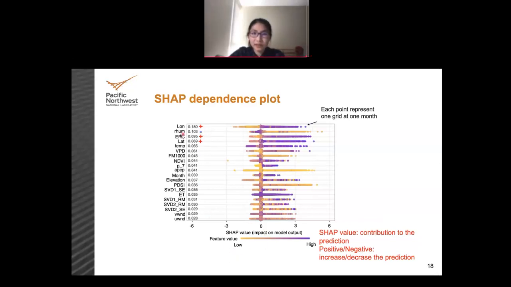When the RH is low, so it's yellow, it generally will increase the burn area, and when the RH is high, it will decrease the burn area. So it's a reverse relationship. With one single SHAP dependence plot, we can clearly and quickly see the relationship between the predictors and the burn area. And you can see most of the relationships are pretty nonlinear.